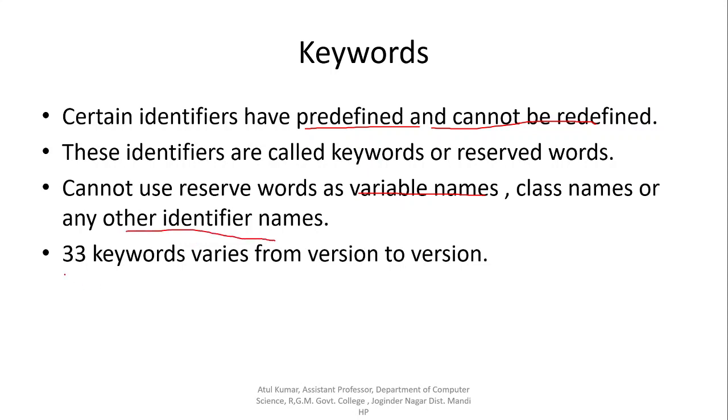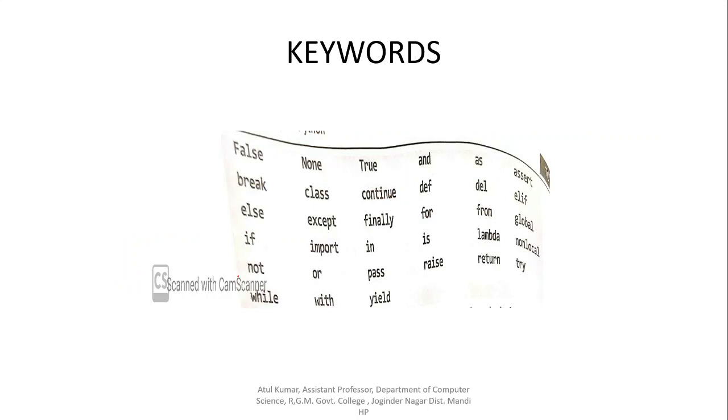Approximately we have 33 reserved words or keywords in Python, which varies from version to version. So these are some keywords in the Python language: False is a keyword, None is a keyword, True is also a keyword, and is also a reserved word.